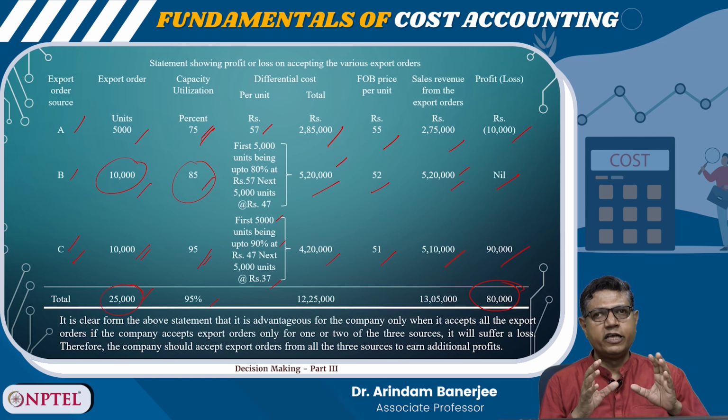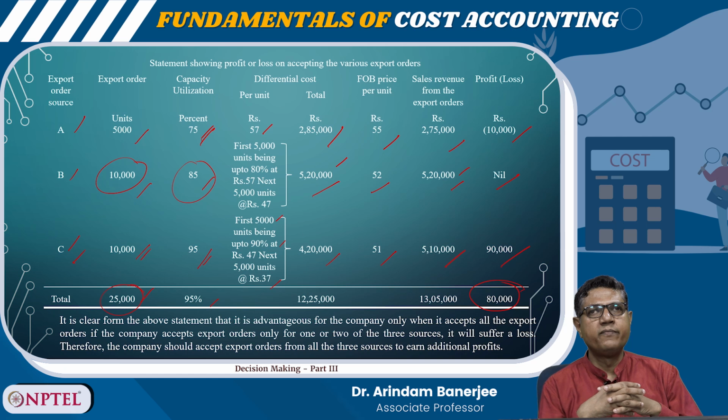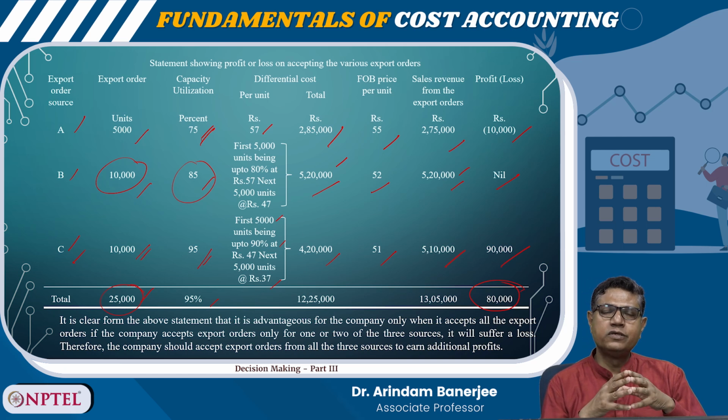So, we discussed the decision-making process for export orders in these three problems. So, what should be the approach whenever the possibility of an export order comes, right. Many times it comes at a price which is lower than the domestic market.